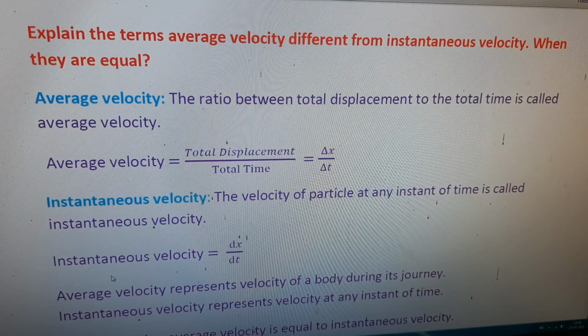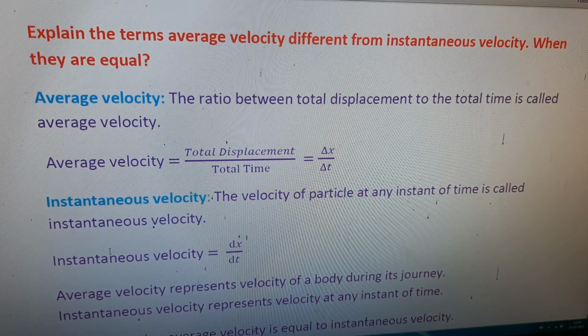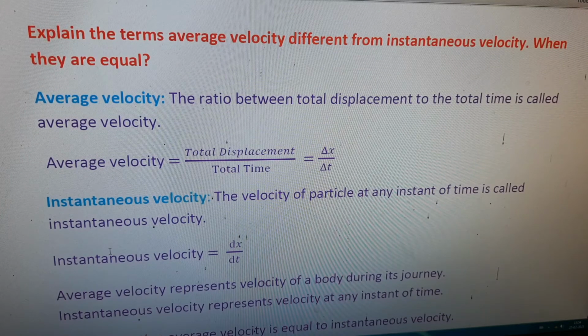Okay students, the next important 4 marks question in the Motion in a Plane chapter. The question is: explain the terms average velocity and instantaneous velocity, and when they are equal. So in this one we write the definition of average velocity, and next the statement of instantaneous velocity and the condition when they are equal.